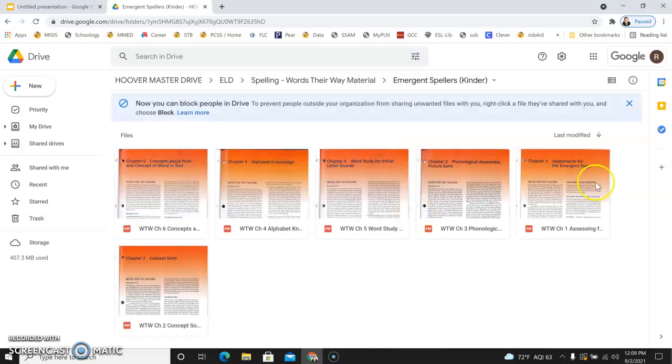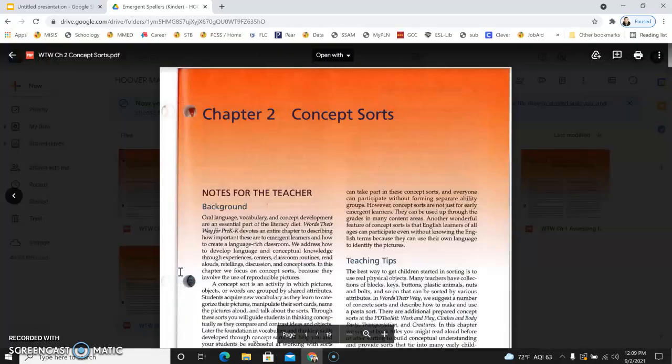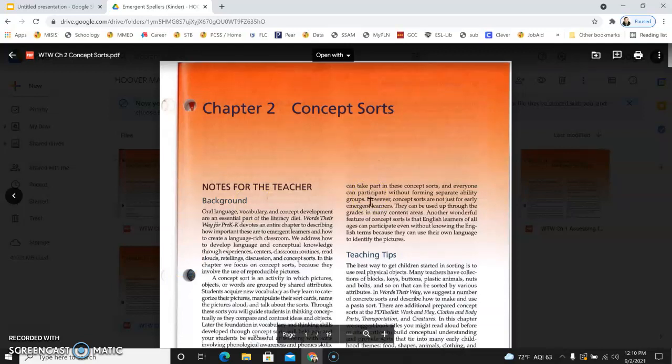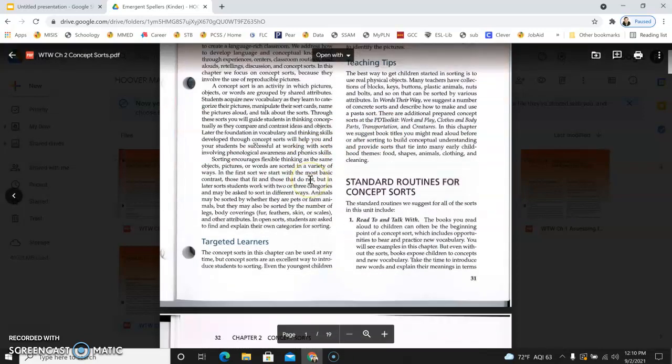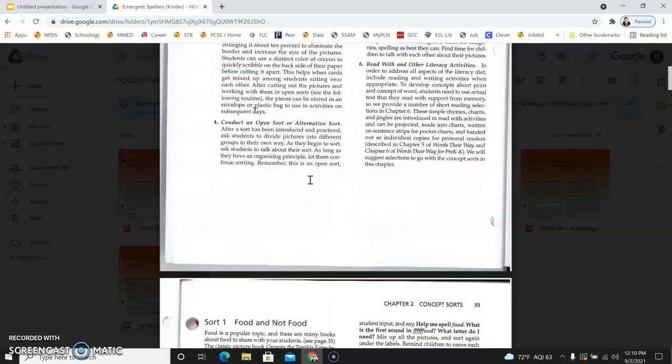A kindergarten student may start off at the emergent stage. You could start off with Unit 1, which has assessments to determine at what stage of the emergent stage the kindergarten student is at, or you can jump straight to the word sorts in Chapter 2. If we look at the actual unit, and this is essentially the structure for all the units, all the chapters, we start off with some notes for the teachers, teaching tips, and routines.